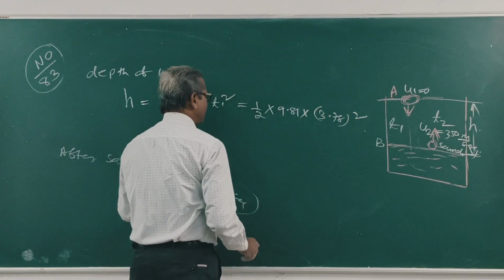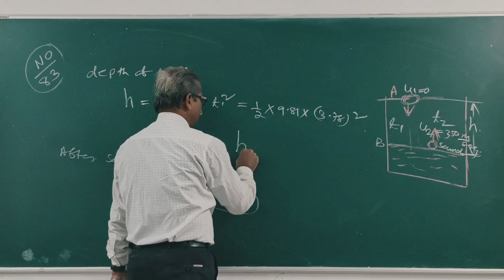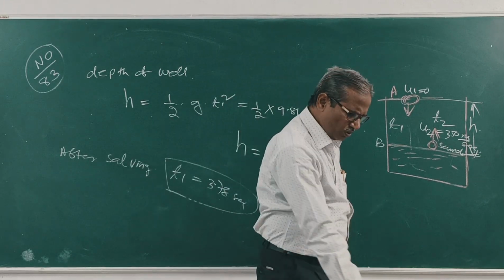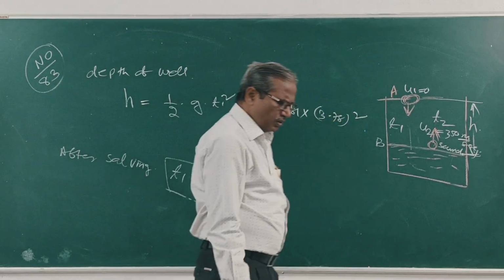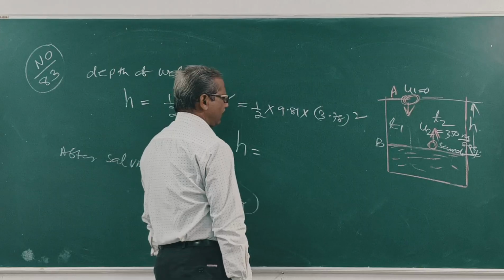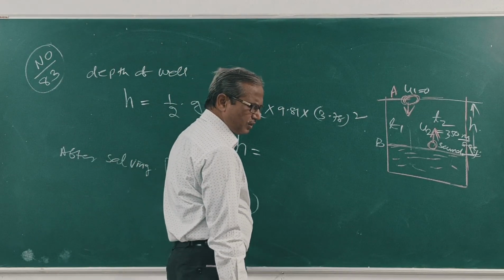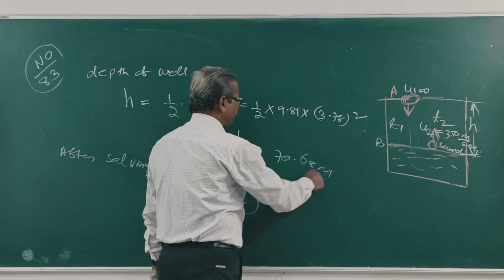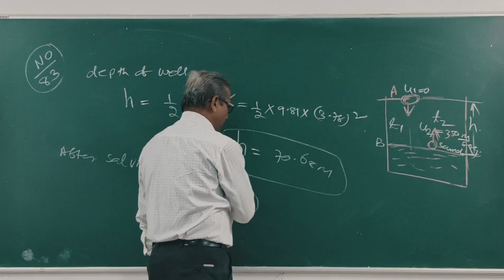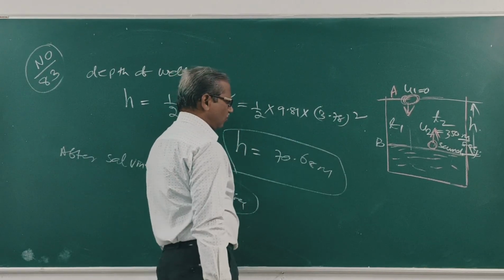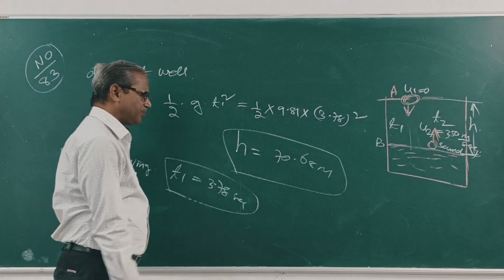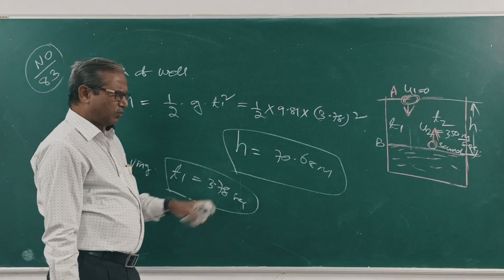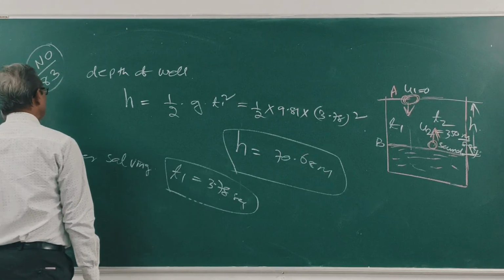Clear? H is equal to 70.68 meter. Make the solution, find the answer. Clear? Use a calculator and solve the problem. Next problem, 84.